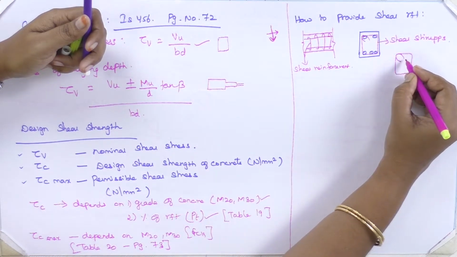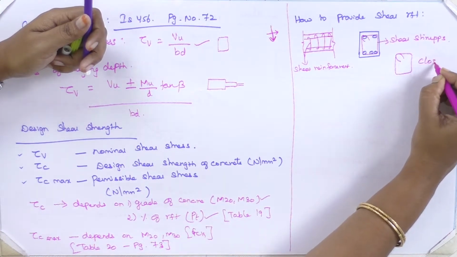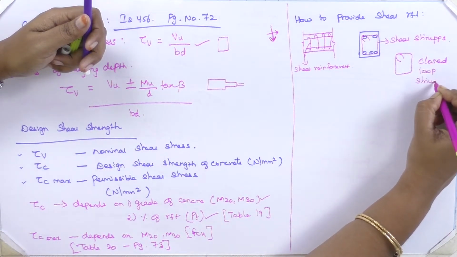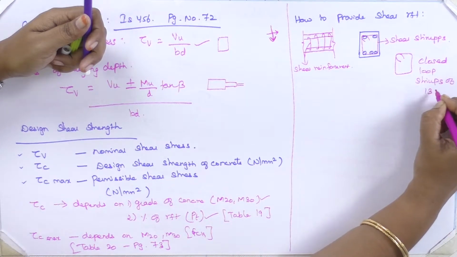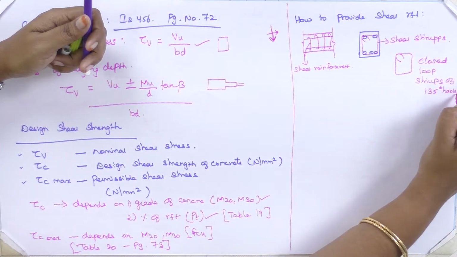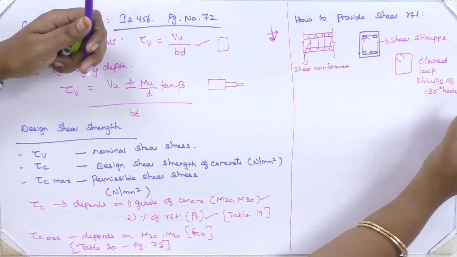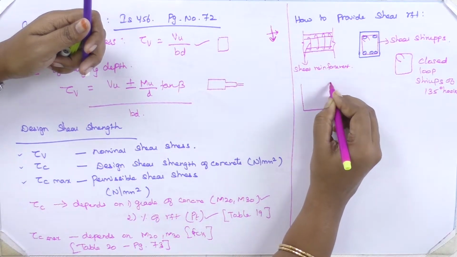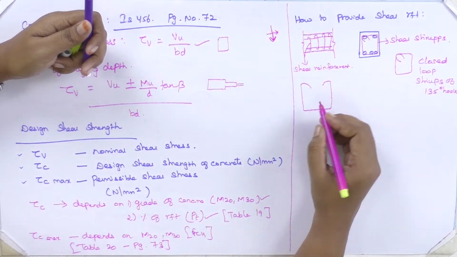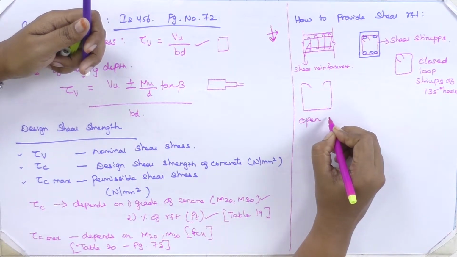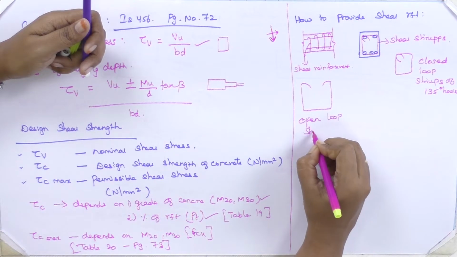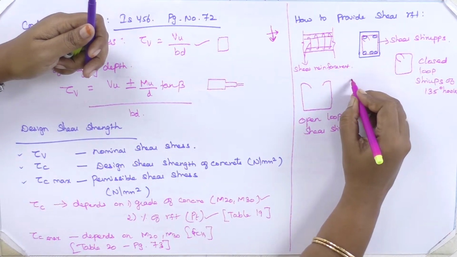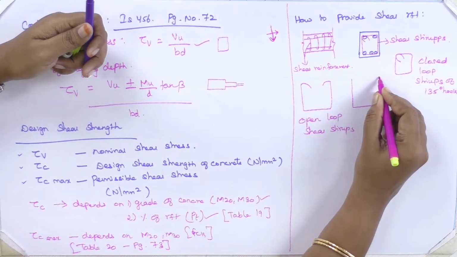This hook, this is called closed loop stirrups of 135-degree hook. This hook is a 135-degree hook, whereas I can provide shear reinforcement in this fashion also. This is called open loop shear stirrups. I can also provide in this fashion.